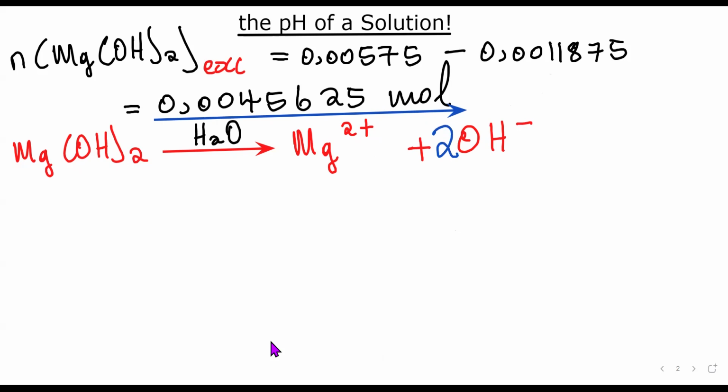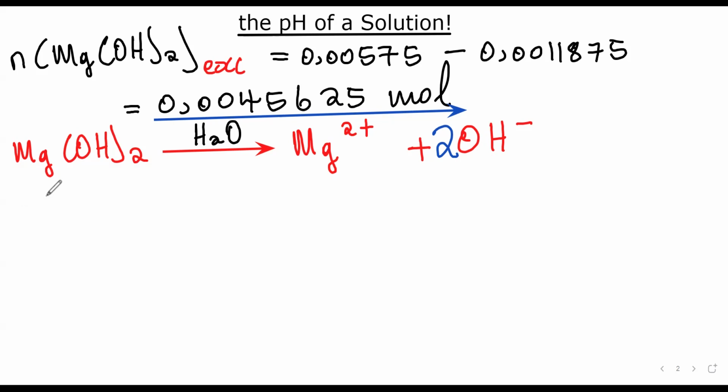Do you see that? It's very, very significant. If you remember well, sulfuric acid is a diprotic acid, and we know that it produces 2 moles of the hydronium ions when it dissolves in water. And as a result, the concentration of the hydronium ions is twice as much as the concentration of the acid itself. Now, this will be the case for the concentration of the hydroxide ions.